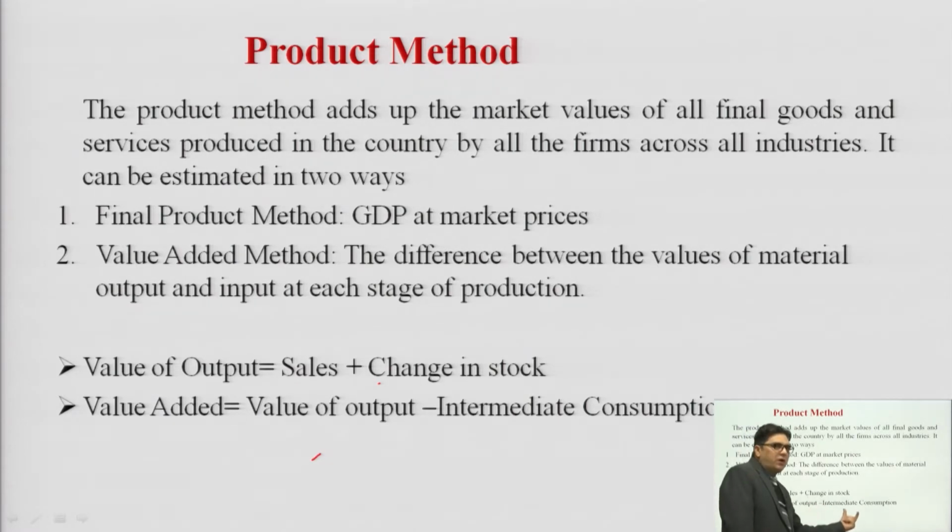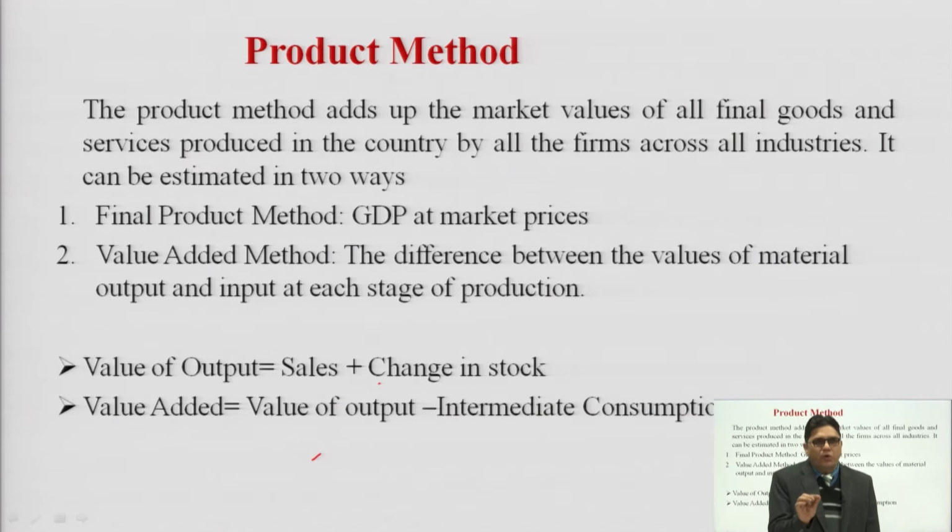Intermediate consumption is the acquisition or purchase of raw material while we are producing certain goods. Now this intermediate consumption we can purchase either domestically from India or from abroad. I mean to say we can also import the raw material.